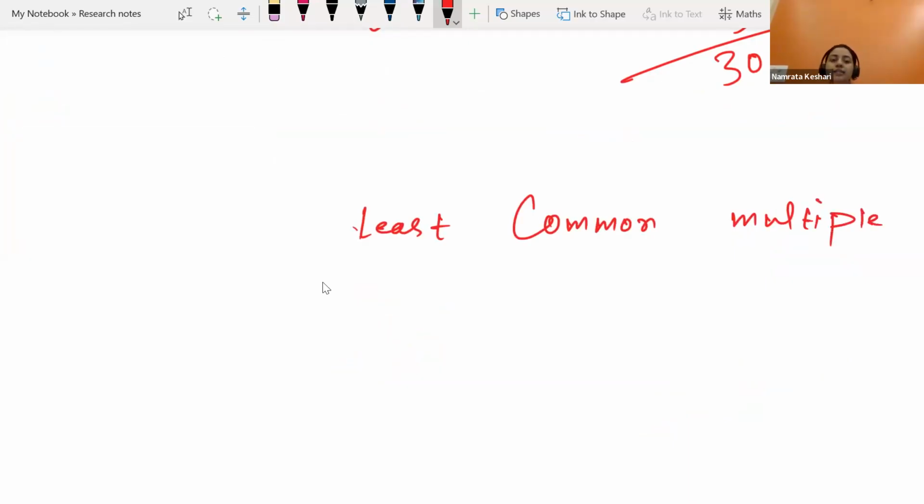Suppose we are finding the LCM of 4 and 10. The basic concept is we have to list down the multiples. You don't have to do it like this, but I'm trying to explain the concept over here. We list down the multiples of 4: 1 times 4, 2 times 8, 3 times 12, 4 times 16, 5 times 20. You can keep on writing the table of 4.